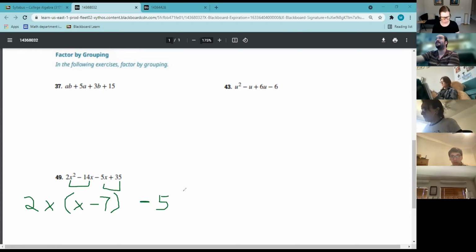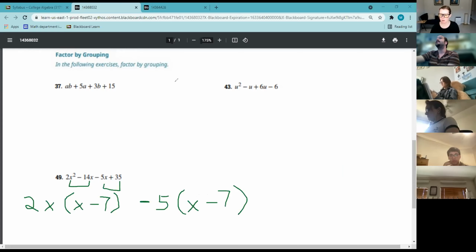Otherwise, things probably aren't going to match up too well. I'm dividing minus 5x by minus 5. That's going to leave me with just x. I take 35 and divide it by minus 5. What kind of 7? Negative 7. It's going to be minus 7.